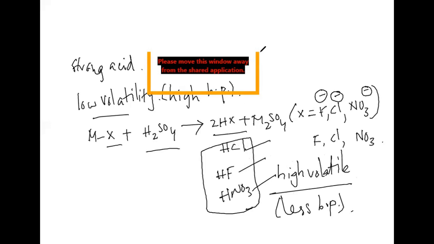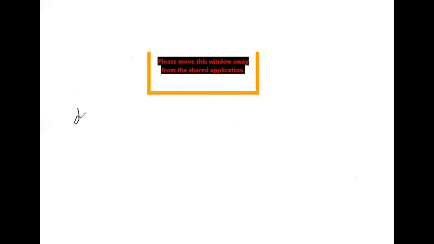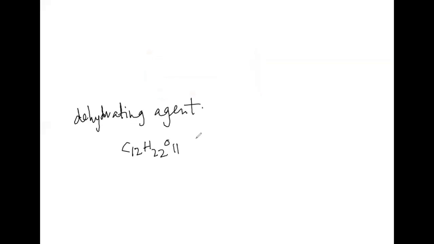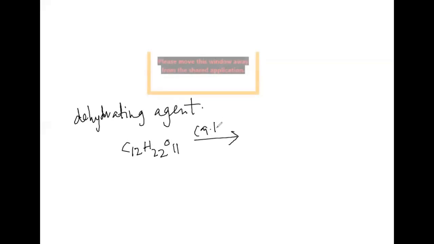Another important property of this is that it acts as a dehydrating agent, as Neha said. For this, I am going to take a carbohydrate, C12H22O11, which I'm treating with concentrated H2SO4.